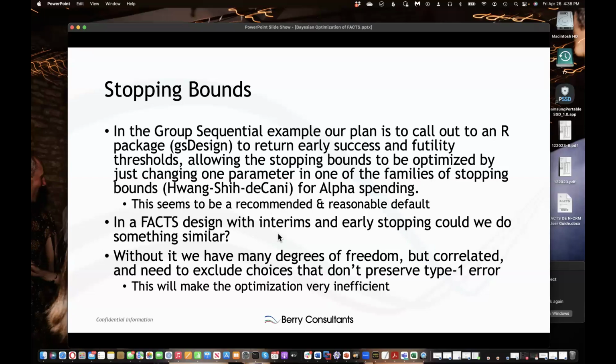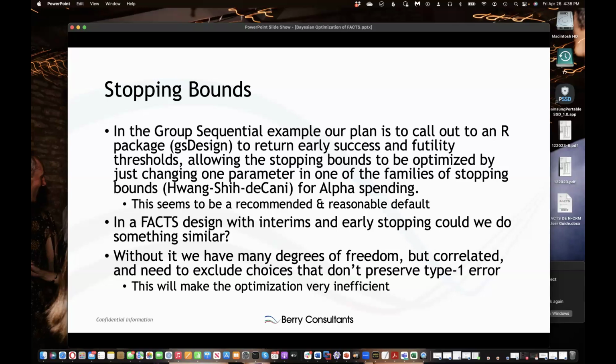For a FACTS design, could we do something similar? We can't calculate it. And if we can't do something similar, we might have too many degrees of freedom if we're trying to optimize the setting of each of the stopping thresholds at each interim separately.